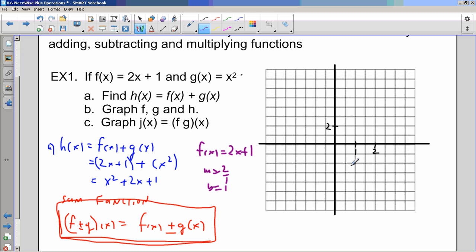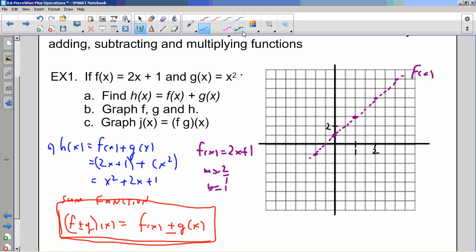So my scale might be a little bit different than yours. You can do whatever you like. Y-intercept of 1, then a slope of 2, up 2, right 1, up 2, right 1, up 2, right 1, and then same thing the other way, down 2, left 1, and this is my graph of f at x.